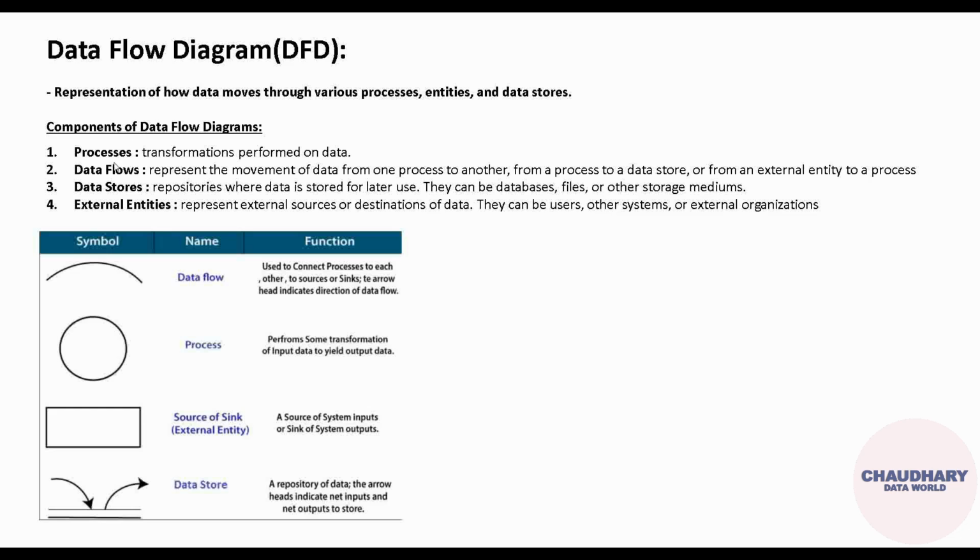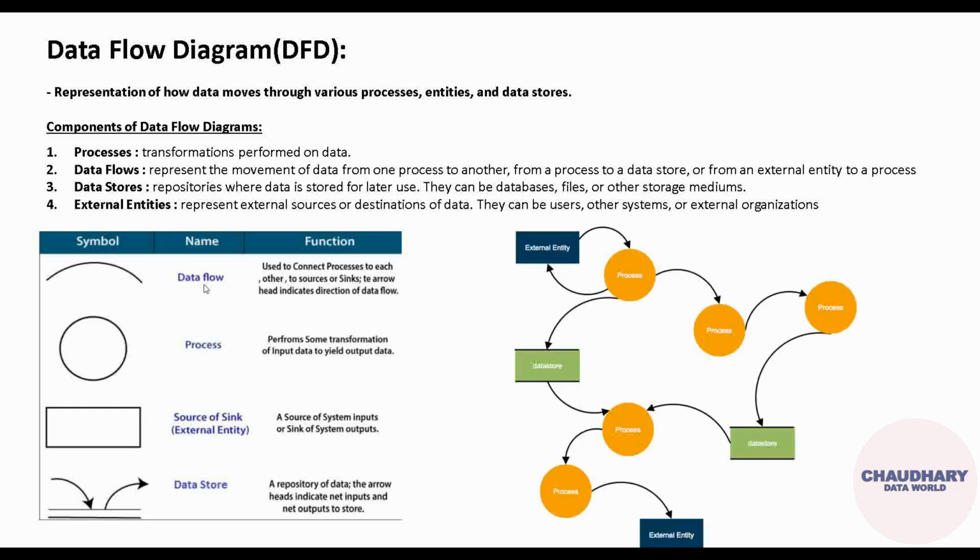The components in this data flow diagram are processes, data flow, data store, and external entity. Now, how are these represented at the symbol level? The data flow is represented by a straight line, or you may say an arbitrary line. If a line is there, it is representing the data flow.